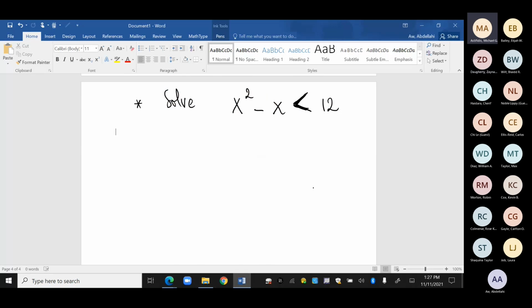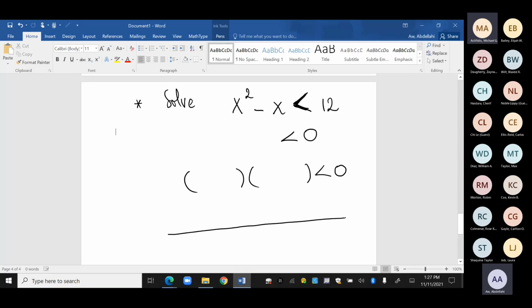Zero. You have to have 0 on one side. And then you factor, and then you do this, and then you say solution. Go ahead.